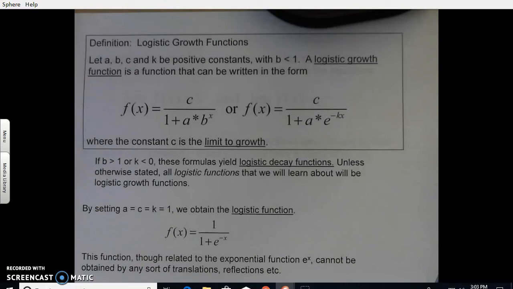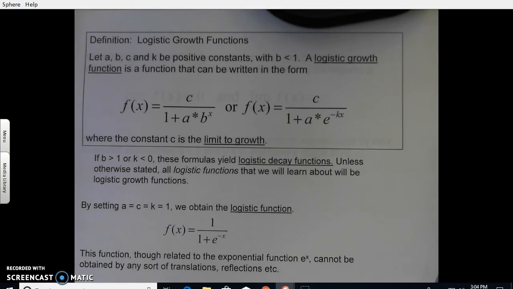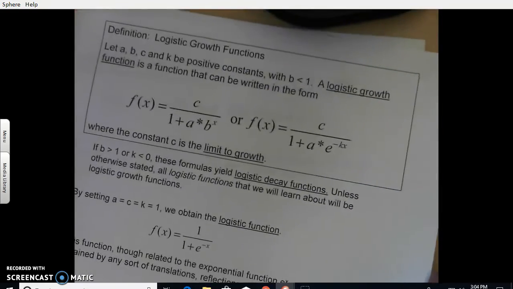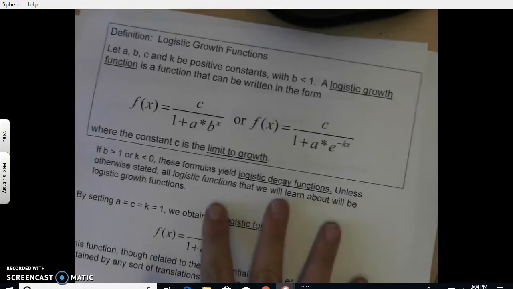And then by setting a, c, and k to 1, we obtain the logistic function, which is 1 over 1 plus e to the negative x power. This function is related to the exponential function e to the x and cannot be obtained by any sort of translation or reflection. So what do we need to know from this slide? We need to know these.